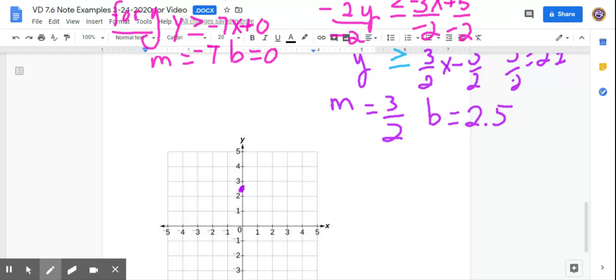So 2.5 plus 3 is 5.5. And then you're going to go over 2. So about here. Now remember, we can also go down. Okay? So if you're at 2.5 and you go down 3, you're at negative 0.5. And then you're going to go over 2 to the left.